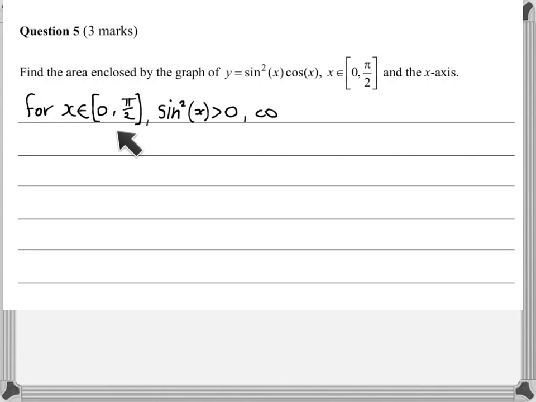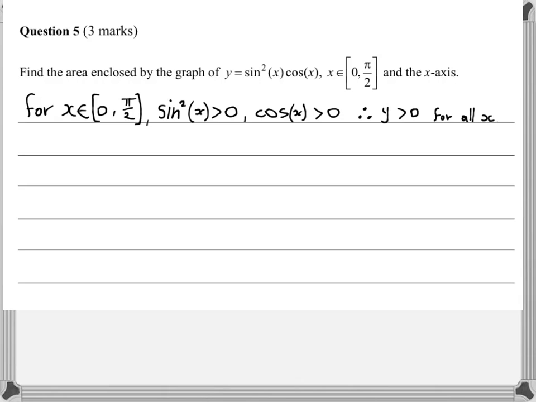So for the first quadrant, sine squared is greater than 0. That's positive. Okay, the square of anything is always positive anyway, so that's okay. What about cos? In the first quadrant, cos is also positive, so it's greater than 0.